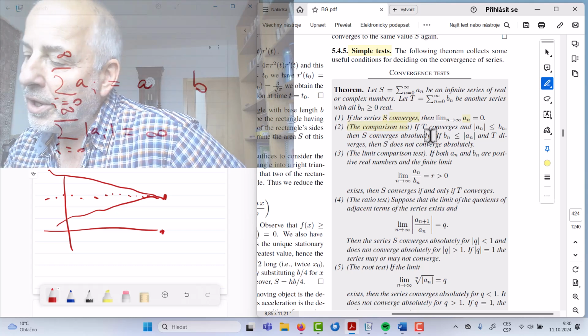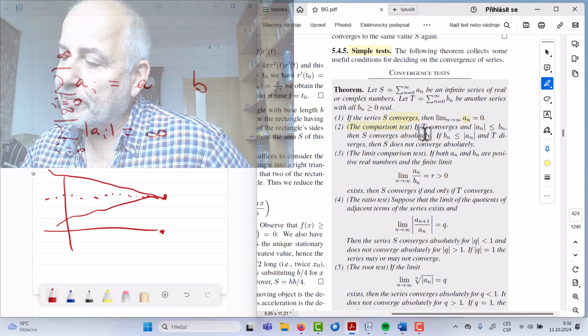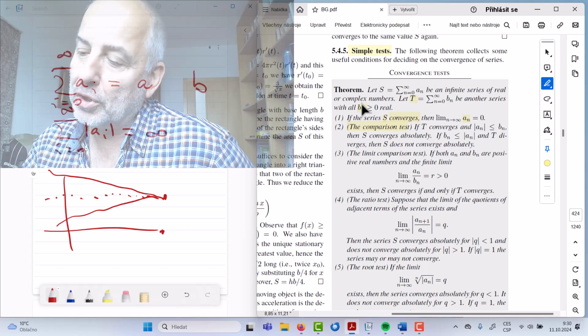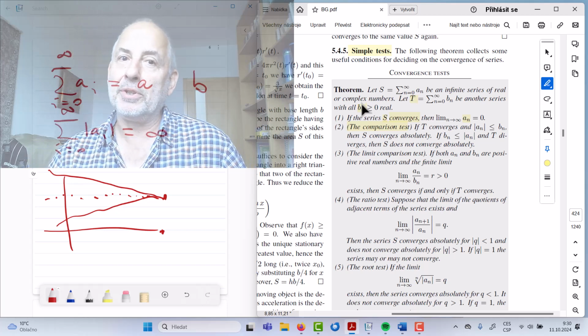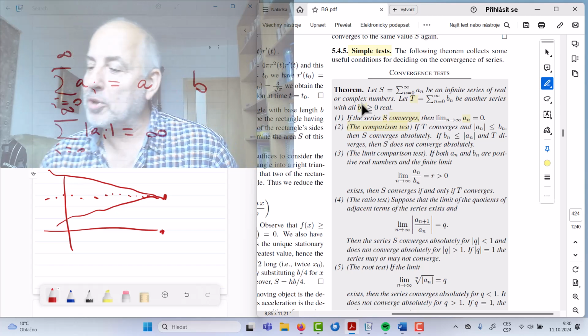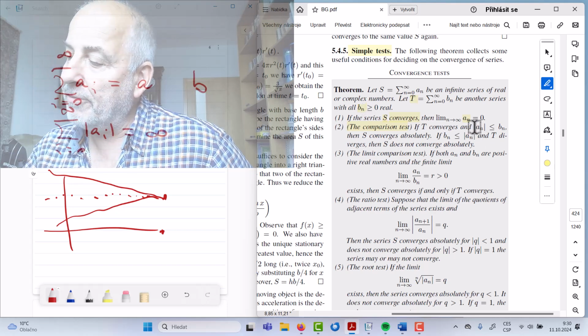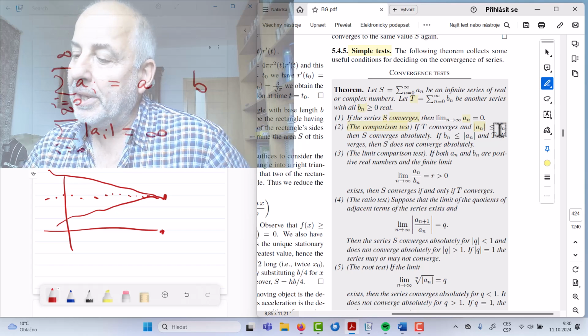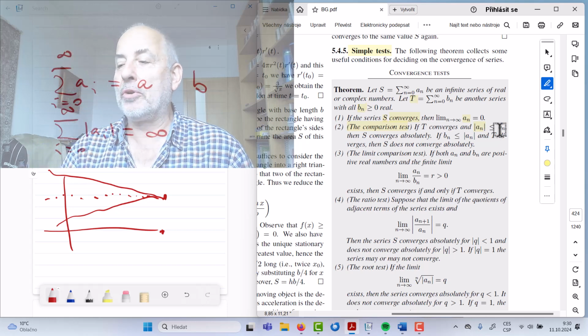So if we know that T is a series which has just positive real numbers, so the series T converges absolutely all the time, and if I know that the absolute values of a_n are less than b_n, then S must converge absolutely, right?